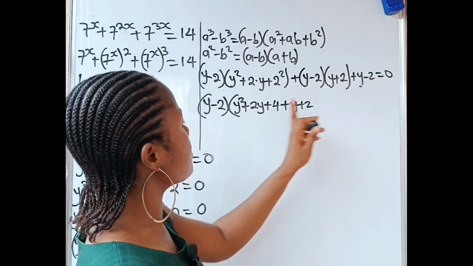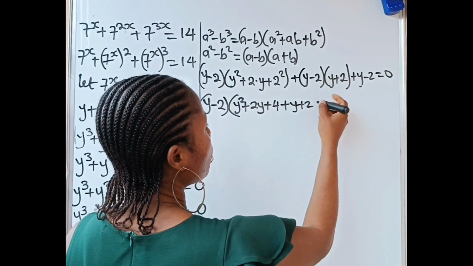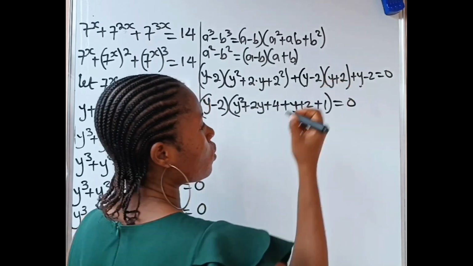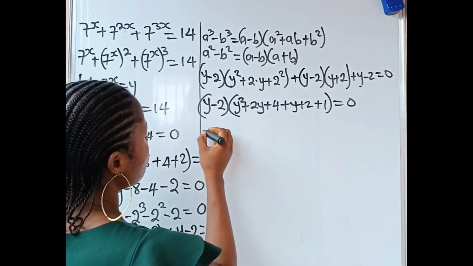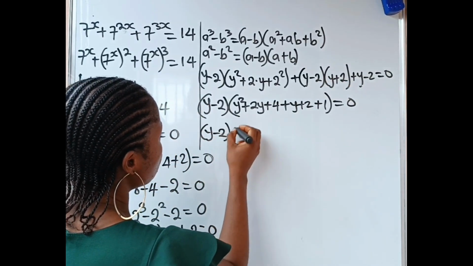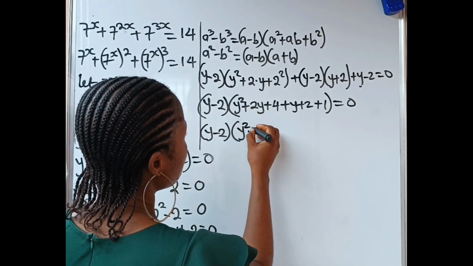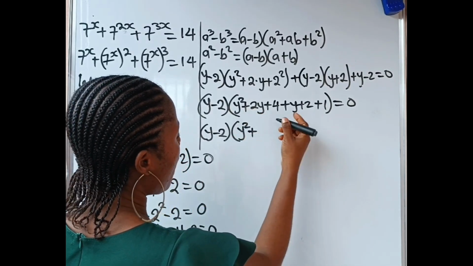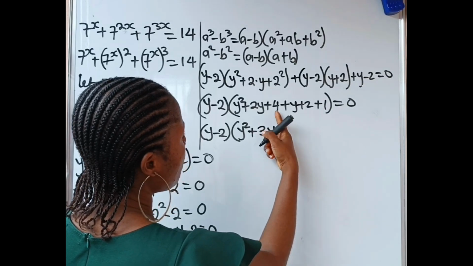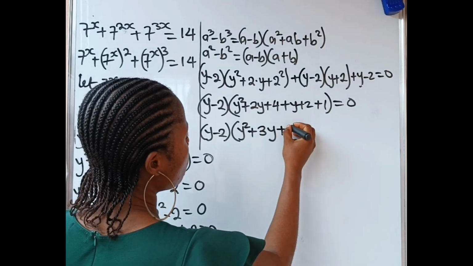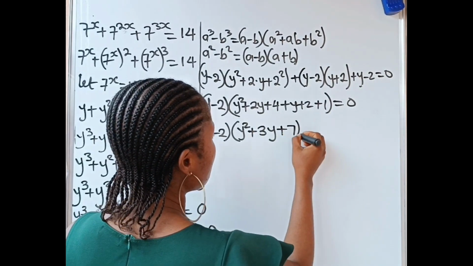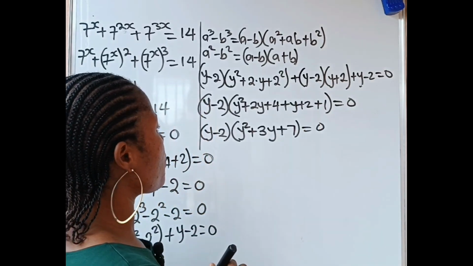When this is divided by this, we have 1. So we have y minus 2 multiplied by y squared plus 2y plus y, which gives plus 3y, and 4 plus 2 plus 1 gives plus 7, is equal to 0.